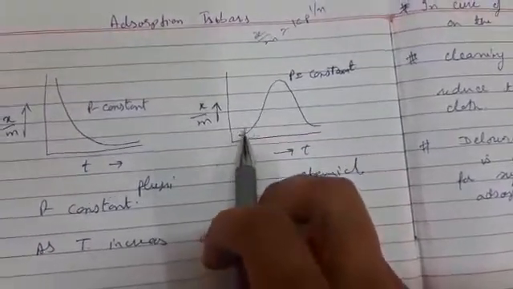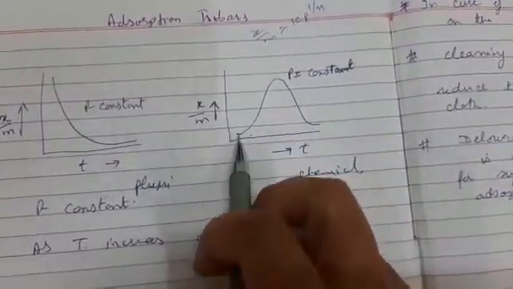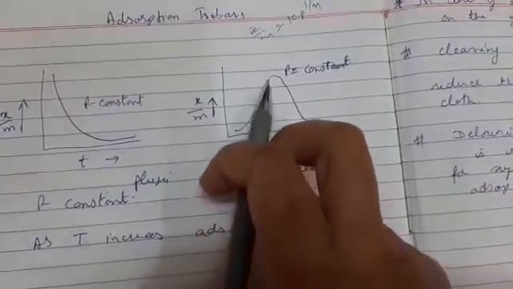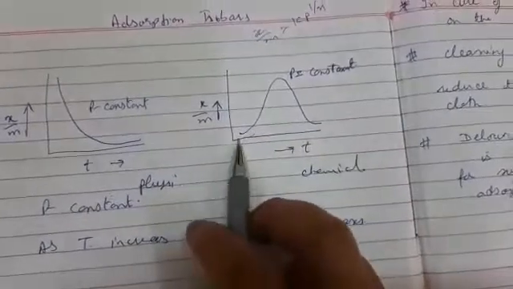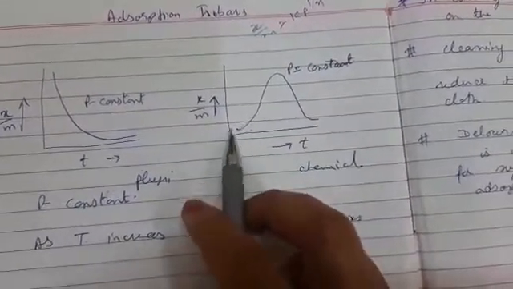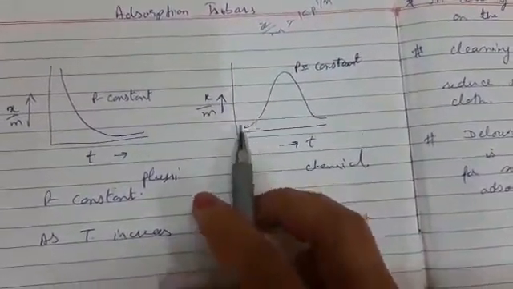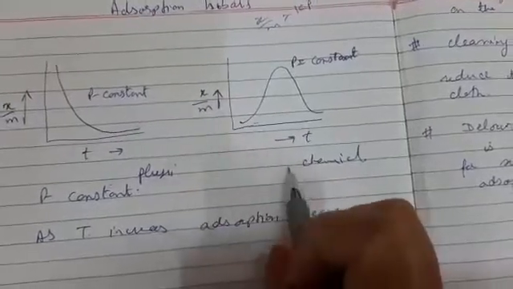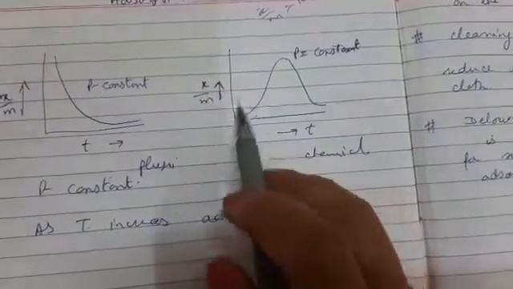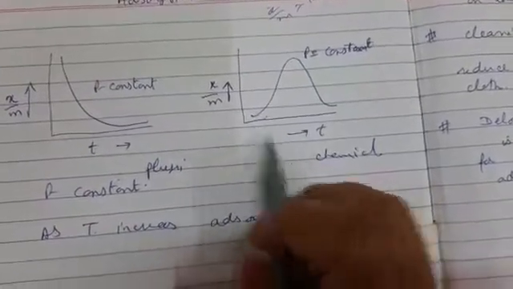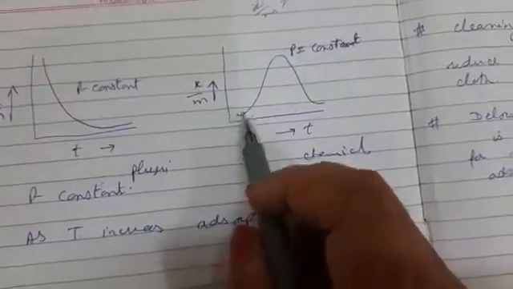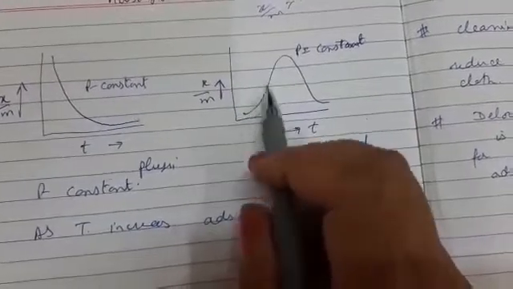It is observed from this graph that adsorption first increases with the increase in temperature and after that it decreases. Why does it increase in the beginning? Because in chemical adsorption there is a chemical bond between adsorbate and adsorbent. That chemical bond may be ionic or covalent. First, for that bond it requires activation energy.